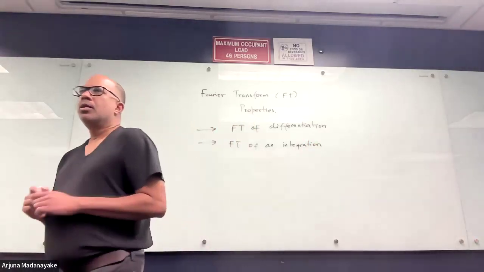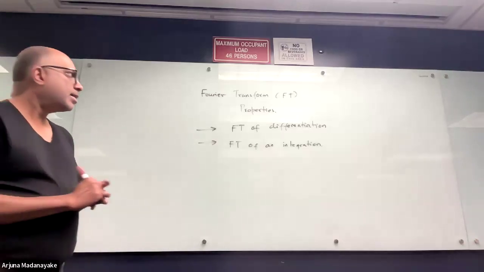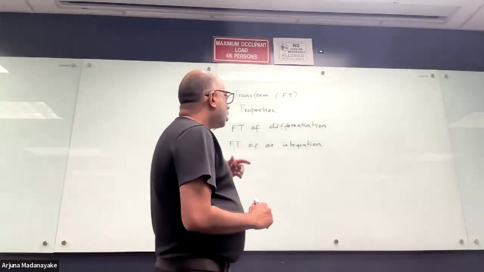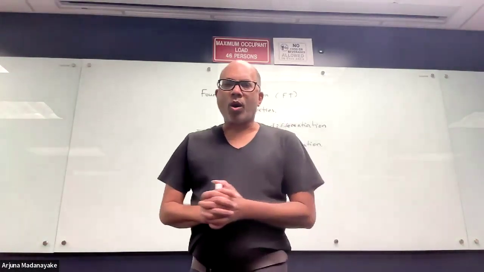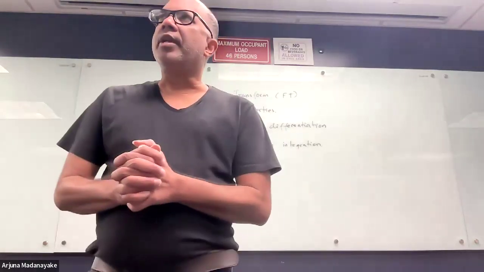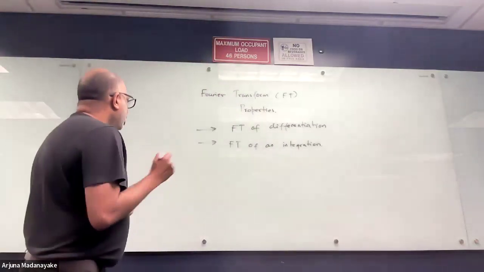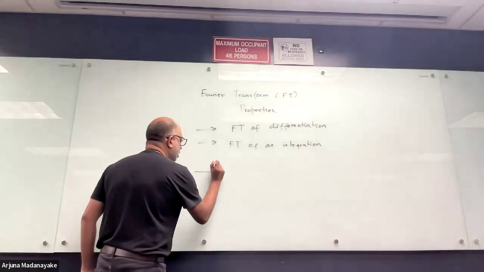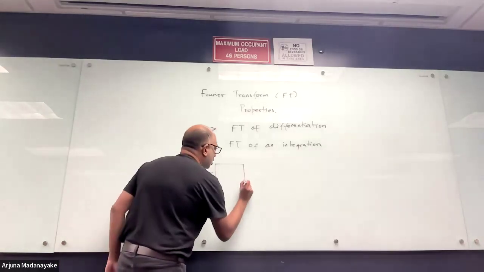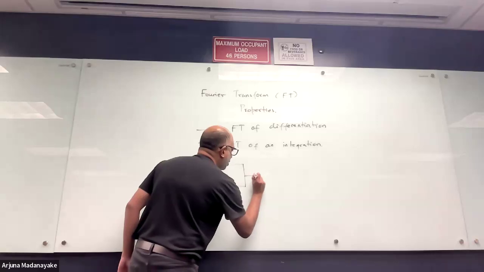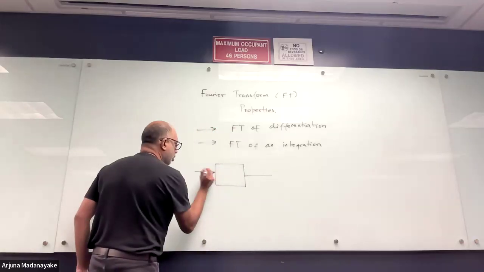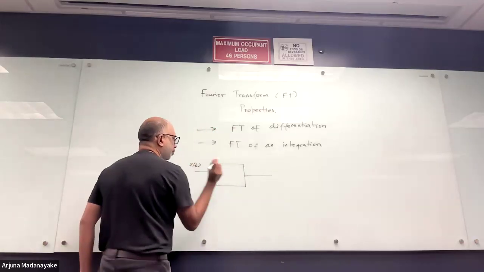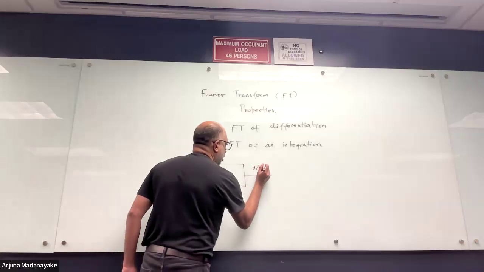So we know that just like delays and scaling, differentiation and integration are also part of linear time invariant systems. So we can have a system that conducts linear and time invariant operations. Let's say this is x of t. Let's say this is y of t.